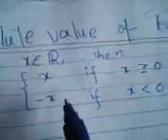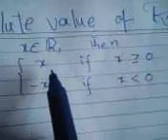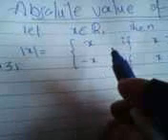For example, if you choose mod of a positive number, for example 3. According to this definition, if the number inside the mod sign is greater than or equal to 0, then the same number is returned. This is 3, and we know that 3 is greater than 0.